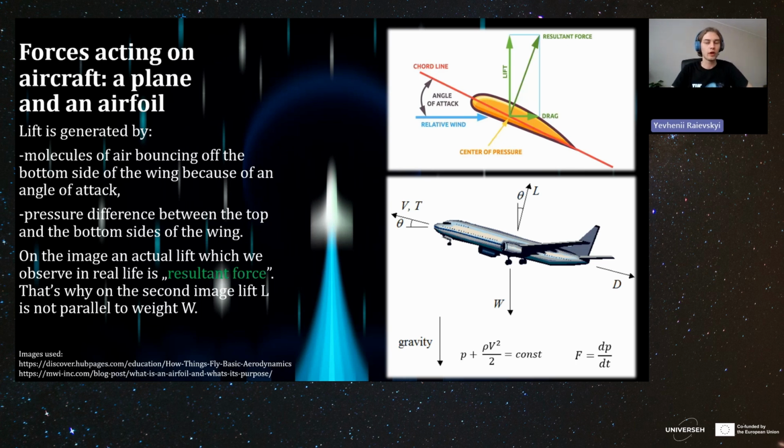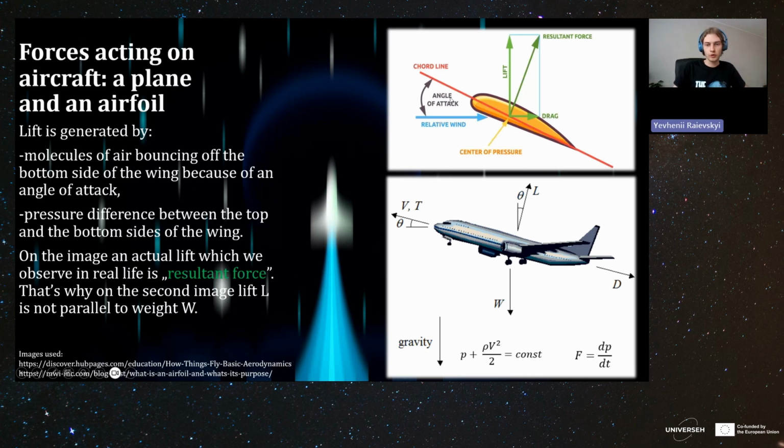But it's not the only component responsible for this, because when the aircraft moves very fast, we can imagine that this area compresses here and creates a high pressure zone.